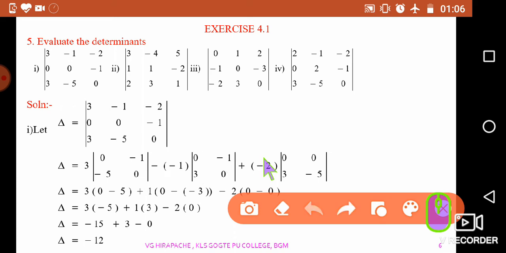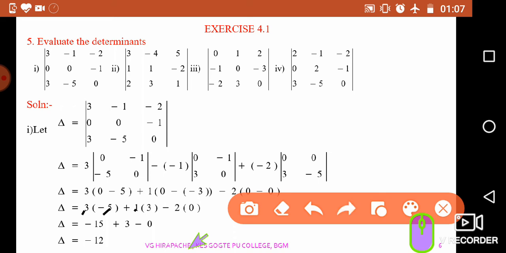Similarly, we have the element minus 2 as it is. Left top to right bottom, 0 times minus 5 is 0, and again 3 times 0 is 0. Therefore, the simplification will be 3 into 5, plus 1 into 0 minus of minus 3, which is plus 3, and minus 2 into 0 will be 0.